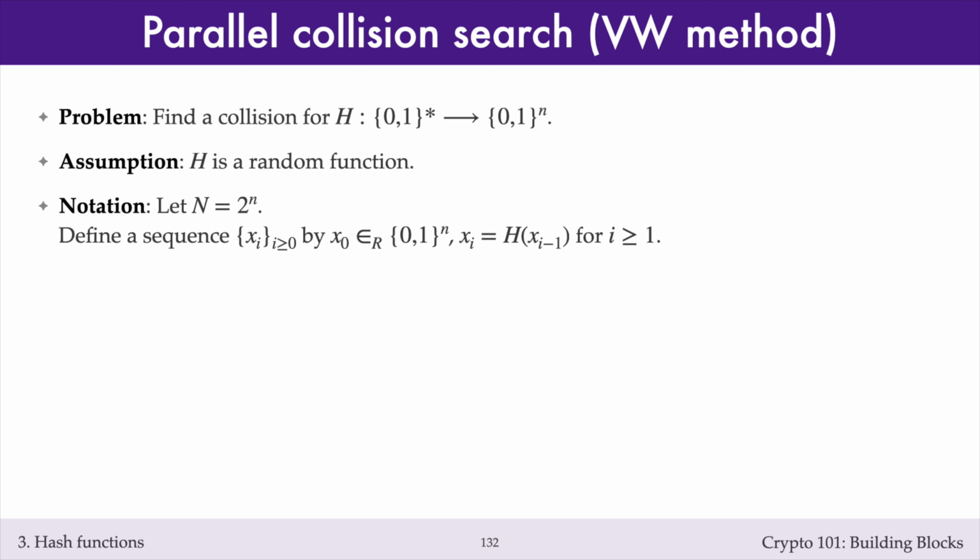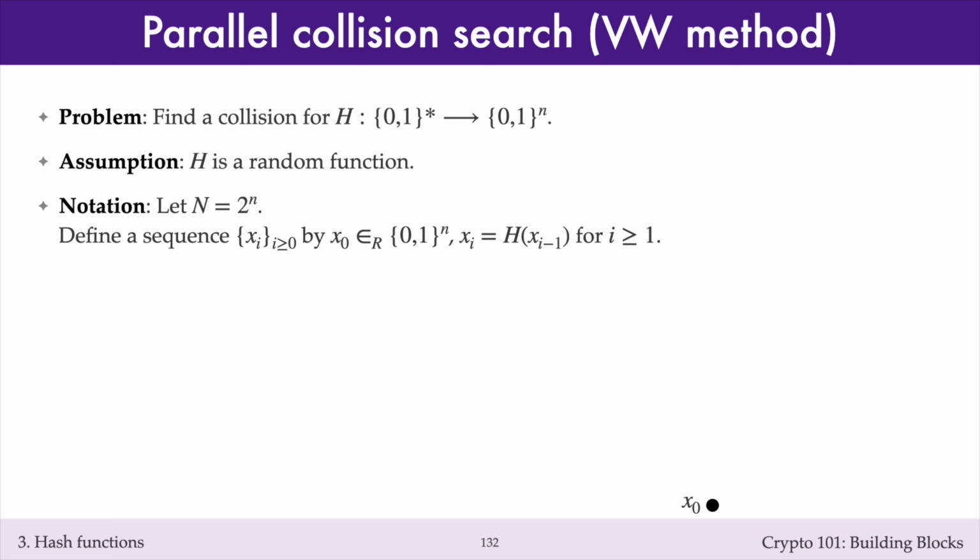Let capital N denote the total number of hash values. We'll define a sequence x_i of n-bit strings as follows. The first term in the sequence, x0, is selected at random from the set of hash values. Subsequent terms x_i, where i is at least 1, are obtained by hashing the previous term.